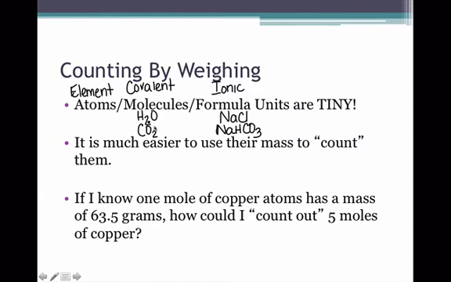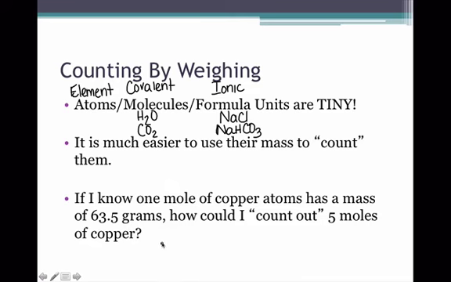So these titles are all particles, but they mean different things and we use them depending on whether it's an element, whether it's covalent or ionic compounds. It's much easier to use their mass to count them. So if I know I have 5 grams of carbon dioxide, I can work backwards to figure out how many molecules of carbon dioxide that must be.